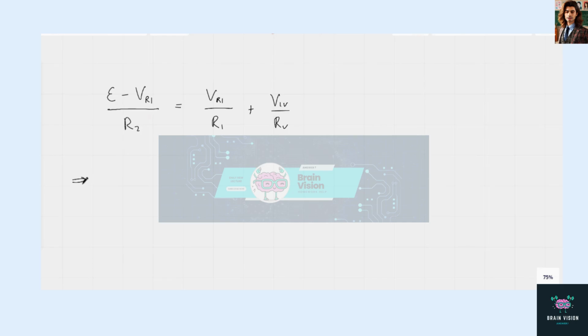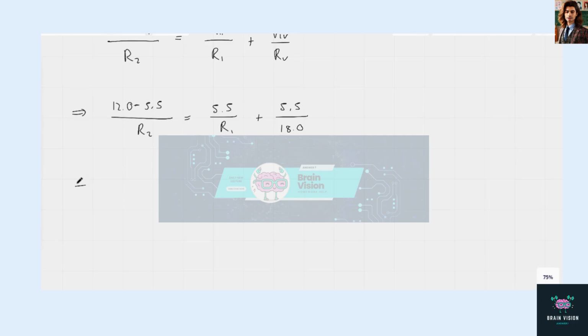And if we put our values into this, this becomes 12 minus 5.5. So the EMF is 12, divided by R2, which is unknown, is equal to 5.5 over R1 plus 5.5 over RV, which is 18.